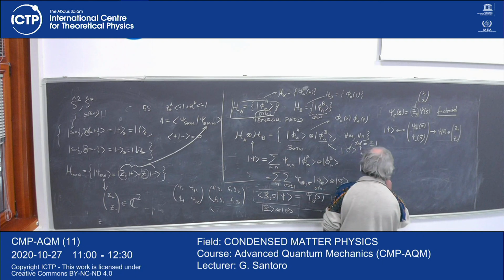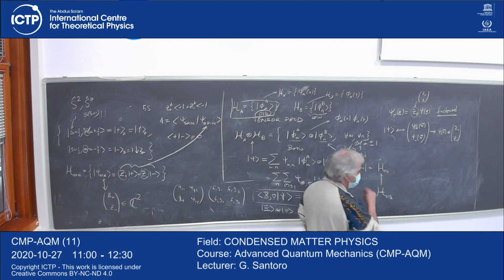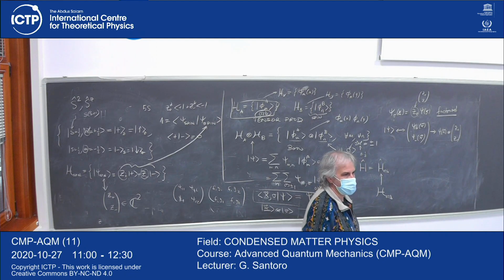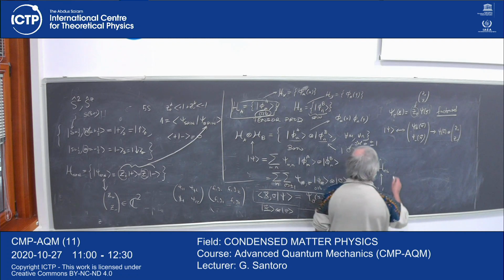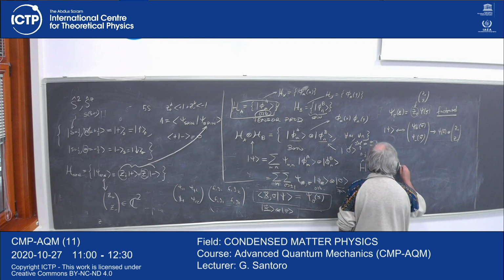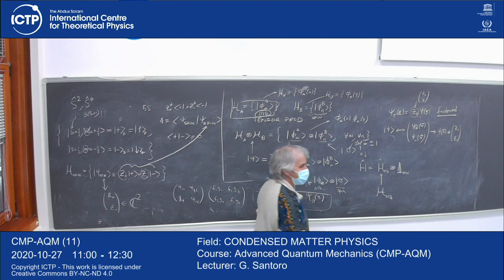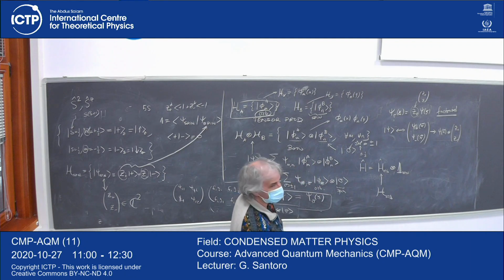So this object works in the orbital Hilbert space. It works on the functions. What does it do to the spin? Nothing, okay? So properly, you would write it as identity in spin space times the orbital Hamiltonian acting on the orbital part of the Hilbert space.